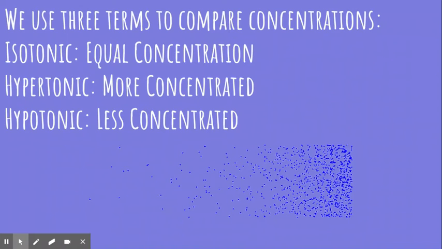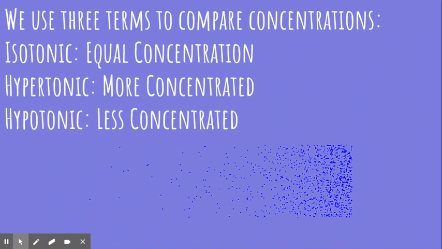So hyper and hypo are going to be words we work with a lot. If we are at a solution that has equal amounts of concentration on either side of a membrane, okay, then we call this isotonic. Hypertonic and hypotonic in the world of osmosis happen with membranes. So there has to be some sort of membrane, and one side has too much solute and the other doesn't have enough.